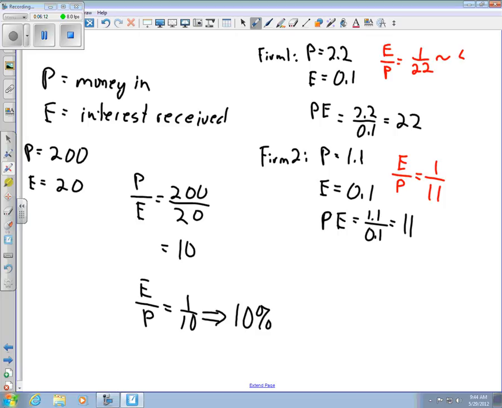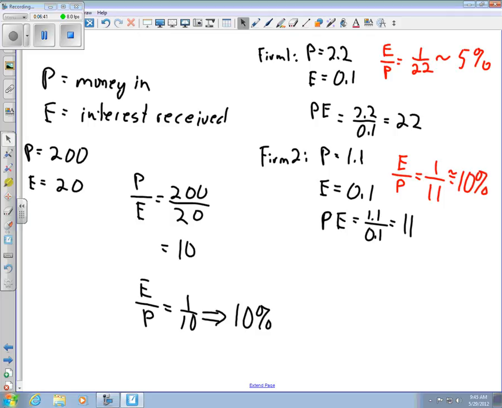This is about 5%. And this is about 10%. Not equal to, but you can use a calculator and get it. So the earnings per share, E over P, rate of return, if you will, is higher for the lower PE firm and lower for the high PE firm. That's one of the reasons you look for high and low PEs.